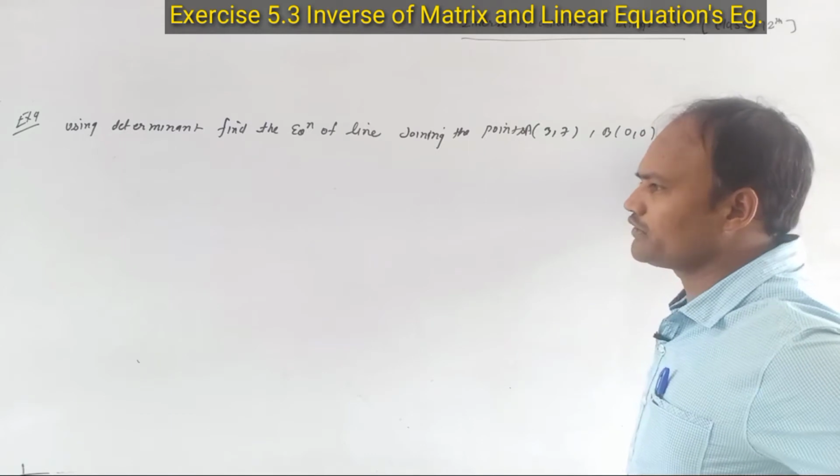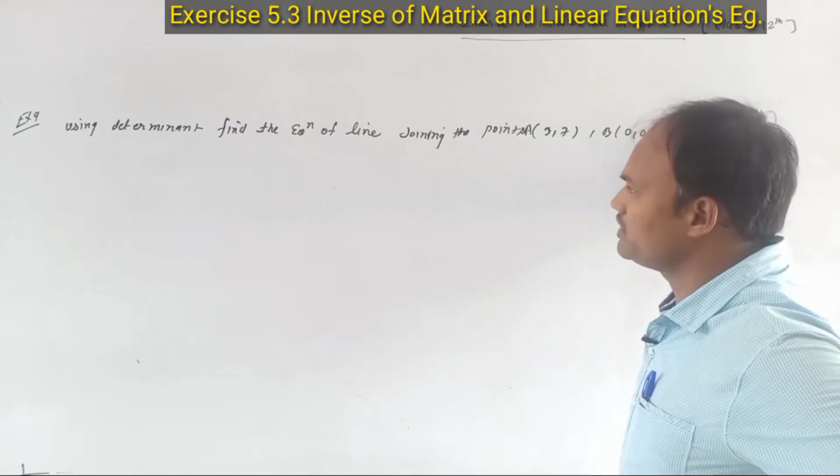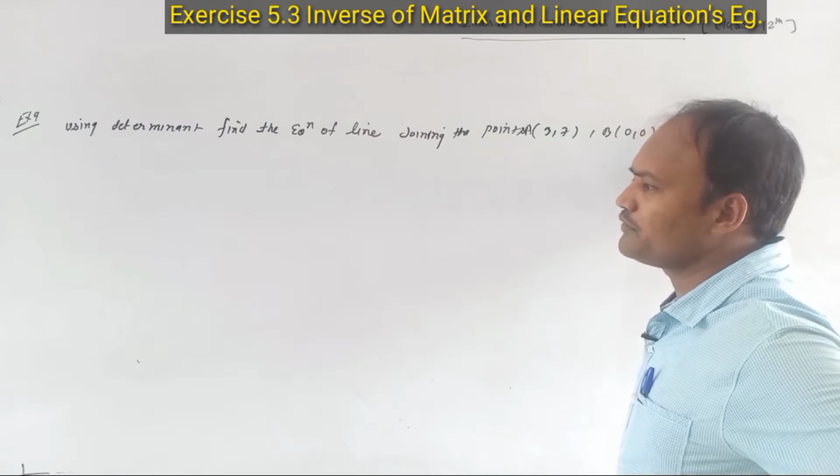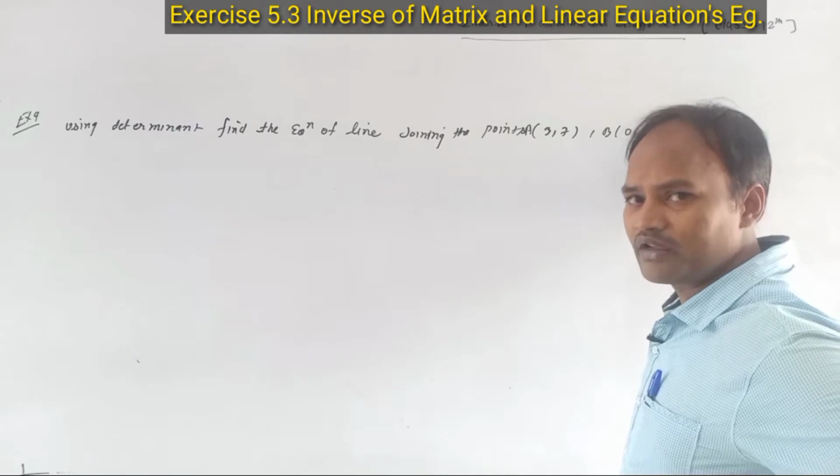So how can we find the equation of a line? I think you know very well. In the previous video we discussed this. It means if two points are given, then we suppose that the third point is (x, y).